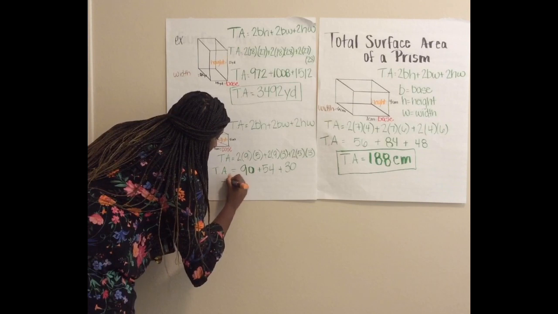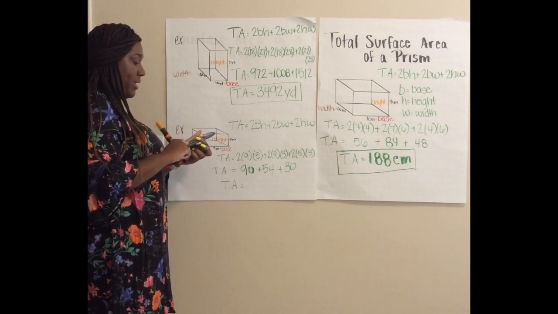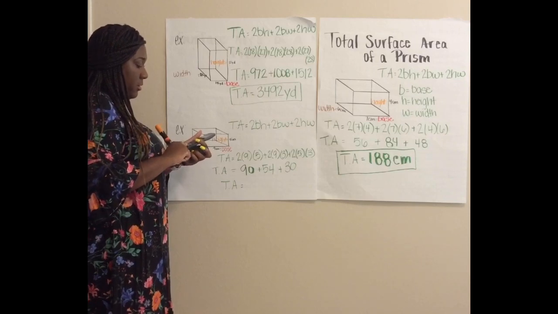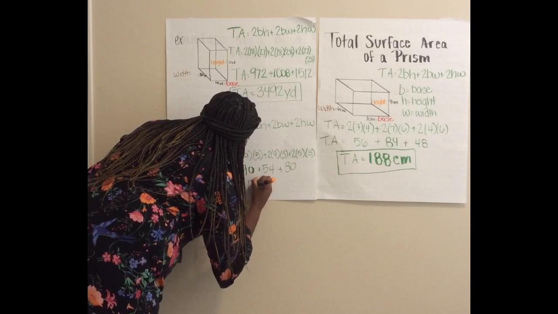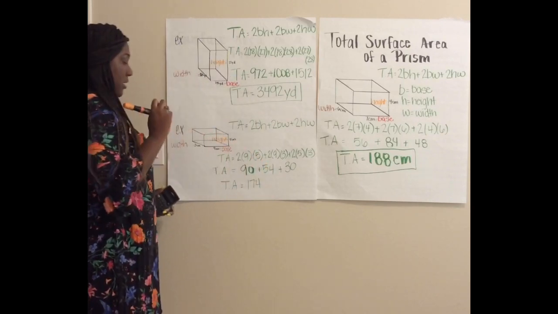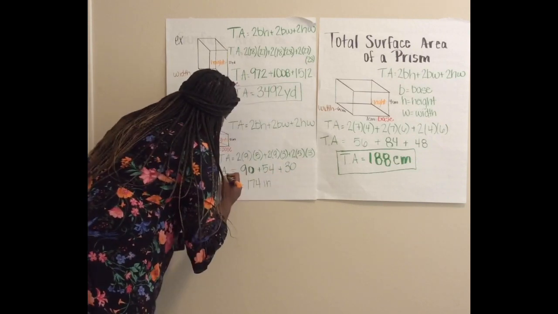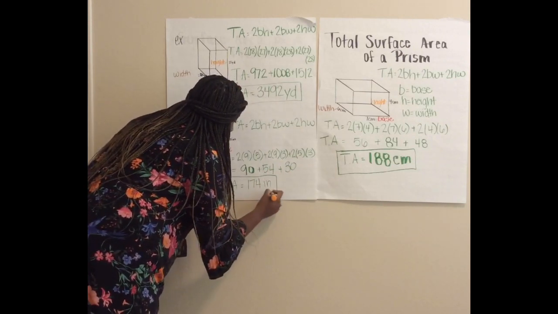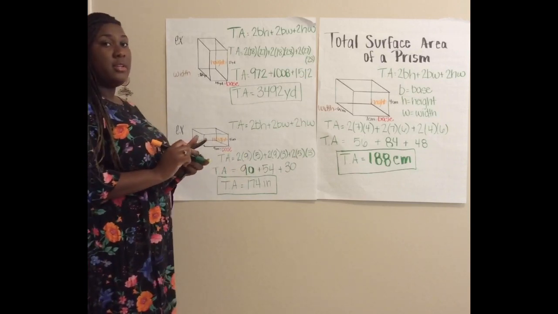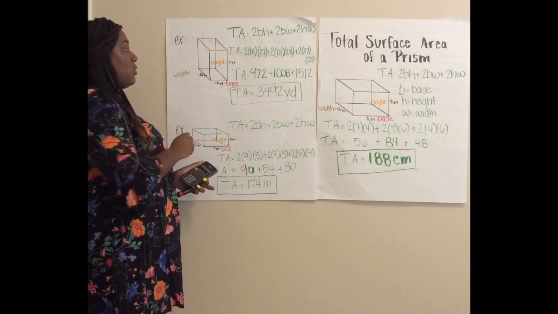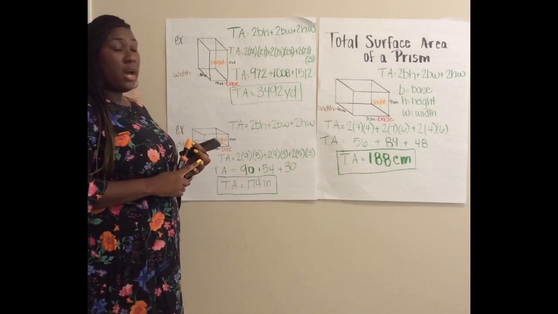So you're going to add all of that together. So you have 90 plus 54 plus 30, which gives you 174. What's our units? Inches. Never miss a unit, guys. Never miss a unit. Okay? So now I want you to practice one labeling and solving.